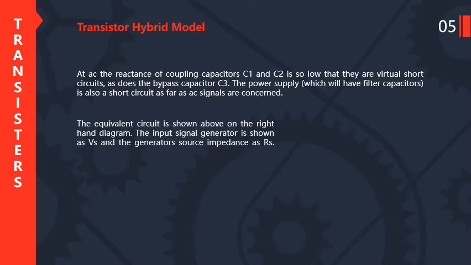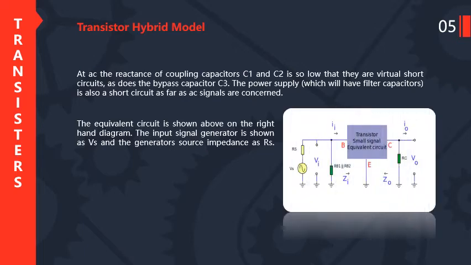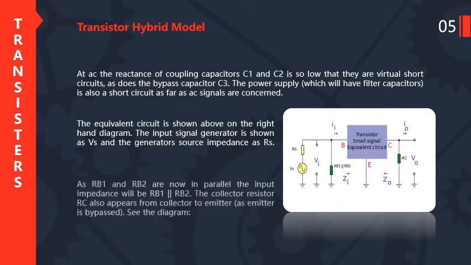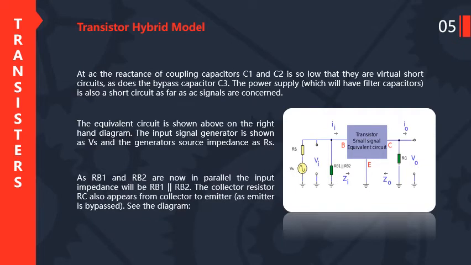On the right hand diagram, the input signal generator is shown as Vs and the generator's source impedance as Rs. As RB1 and RB2 are now in parallel, the input impedance will be RB1 parallel RB2.